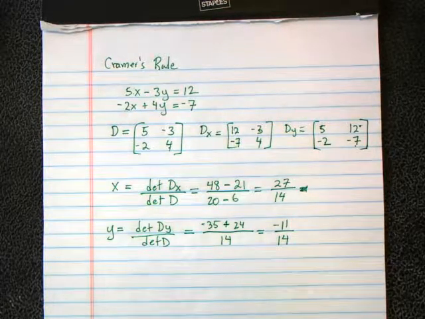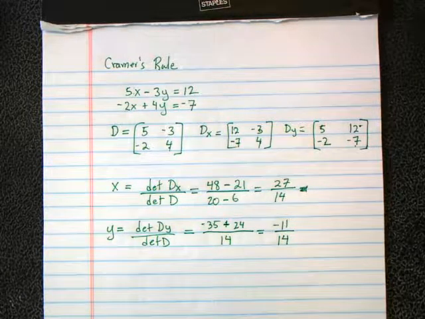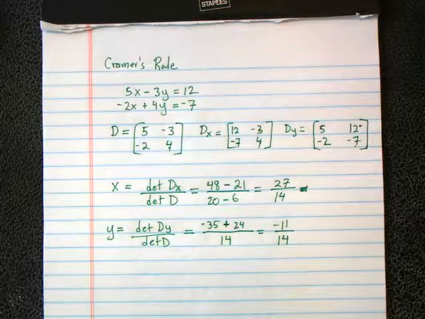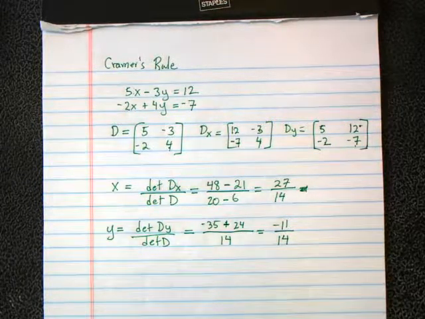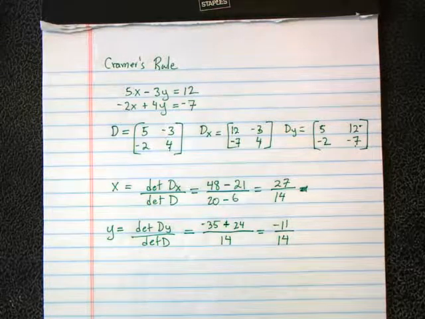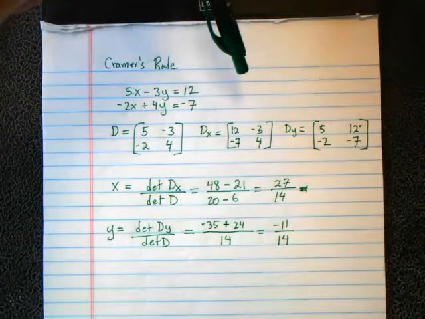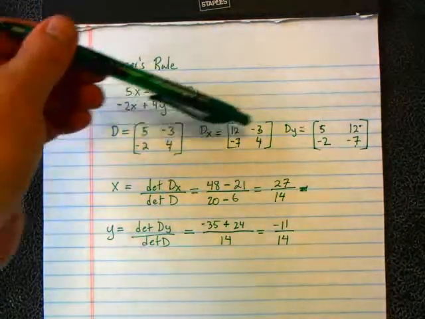Now, the downside to Cramer's rule is in the very next section, we're going to talk about how to solve using 3 equations with 3 variables. So for Cramer's rule, we'll have an x and a y and a z and then some numbers. We would need a D, a Dx, a Dy, and a Dz.